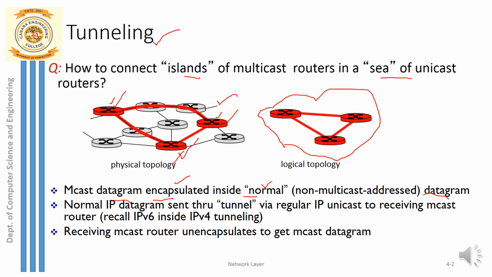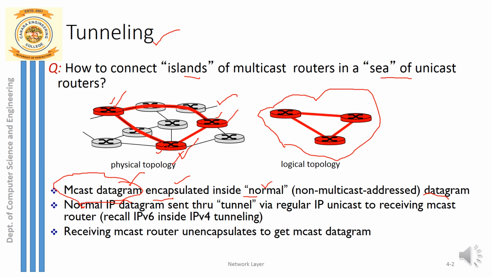Inside that normal datagram you encapsulate, or hide, the multicast datagram. What is the intention of hiding it? Only the multicast routers should be able to unwrap this datagram and extract the multicast datagram out of it.